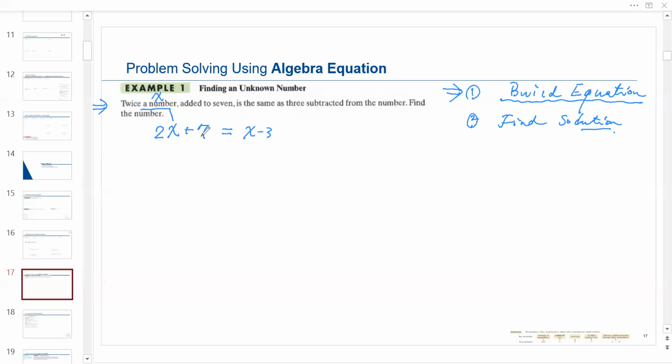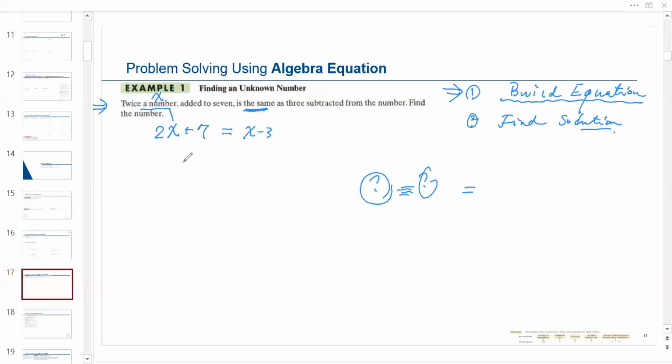Added to 7. Is the same means something equals something, right? So this is the same as the latter part. So they can build the equation as 3 subtracted from the number. So take 3 away from this number. Find the solutions.